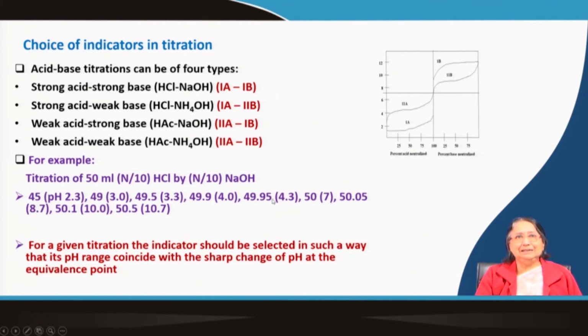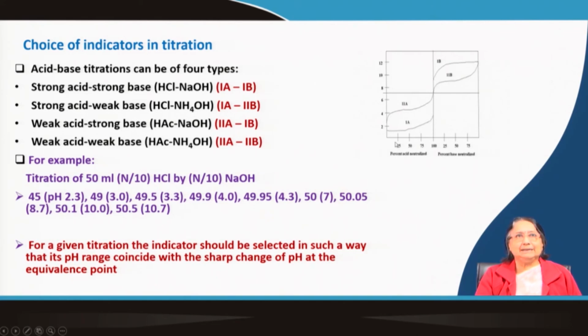It is changing so much. That means there is a huge jump, and this has been shown by this curve 1A 1B. So, this is 1A and this is 1B, okay, here to here, huge jump.